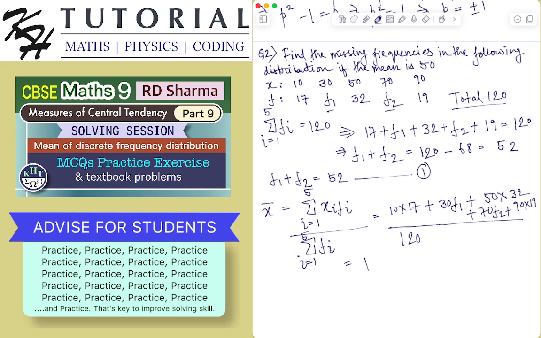This is 170 plus 30 f1 plus 32 multiplied by 50, which is 1600, plus 90 multiplied by 19, which is 1710, plus 70 f2, whole divided by 120.